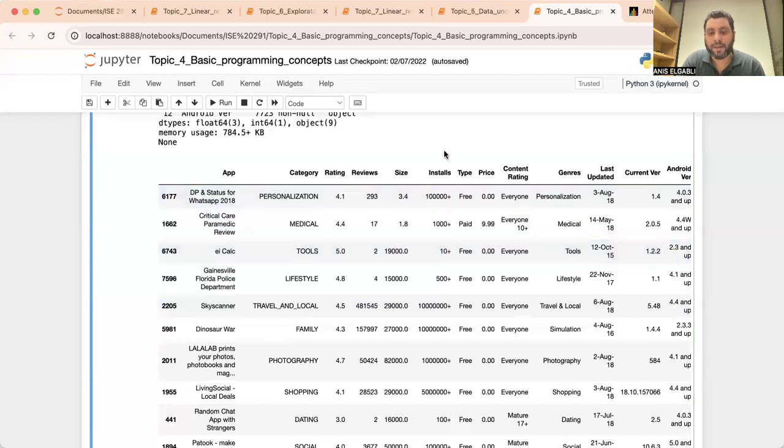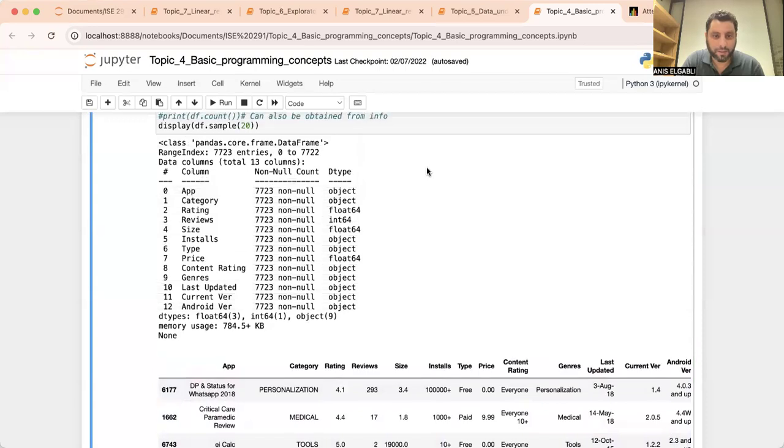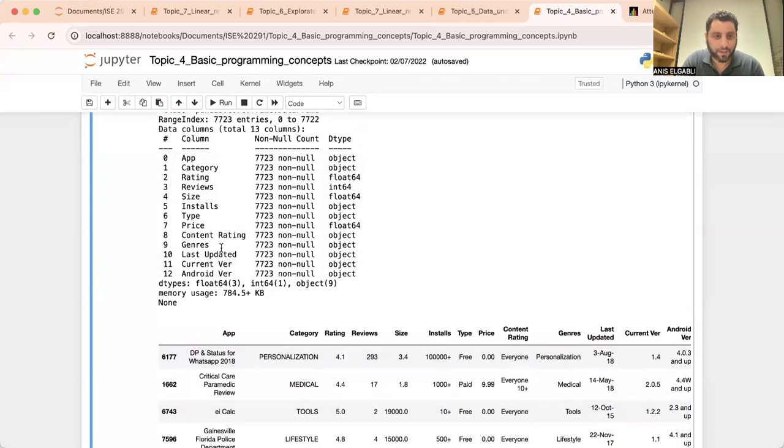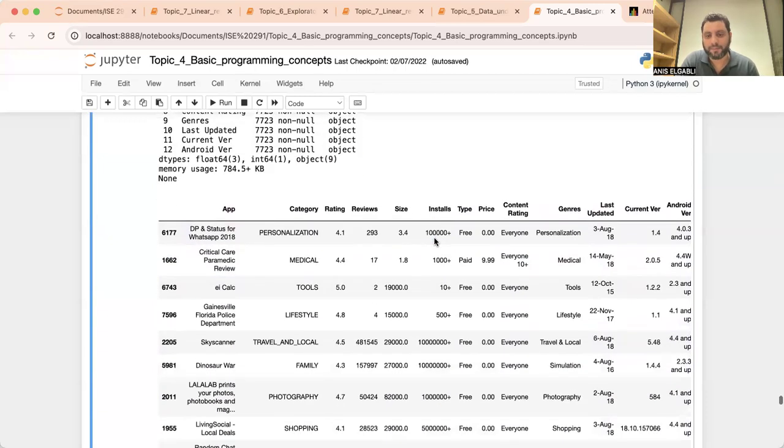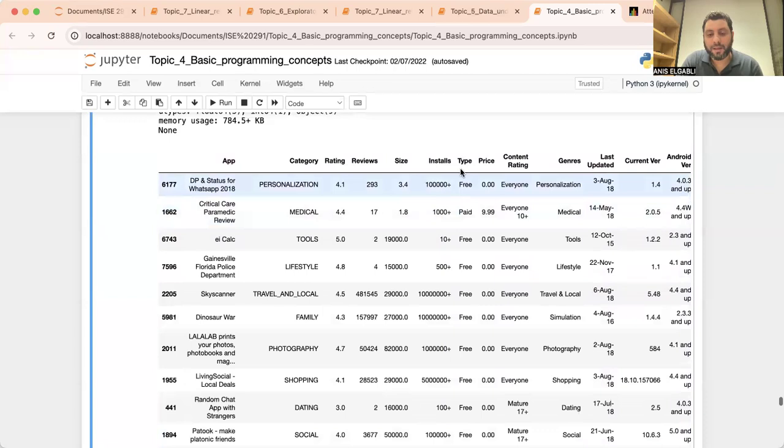Because of this plus here, the type of this is object. You can see that here. Where is installs? Here it's object, so it's not numeric. And then the type of the application: is it free or paid? There are two types, and if it's free, then the price is 0. Otherwise, if it's paid, the price could be whatever.